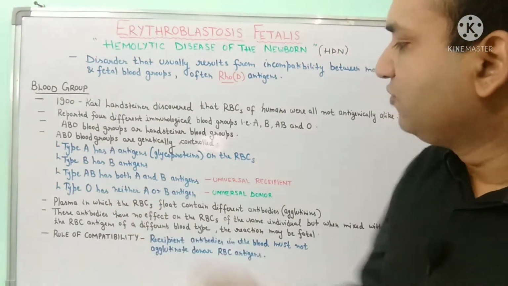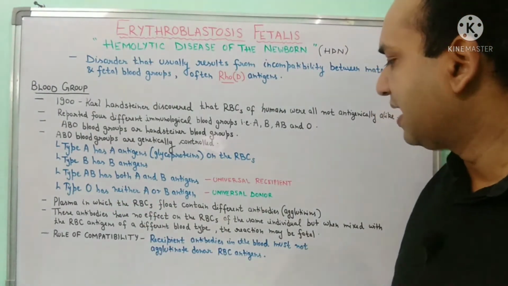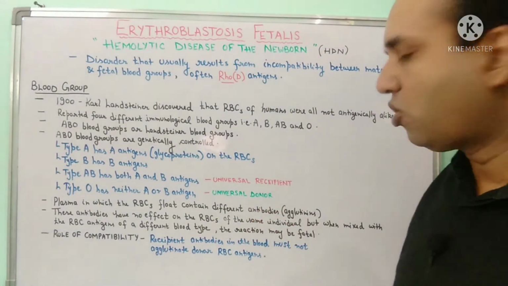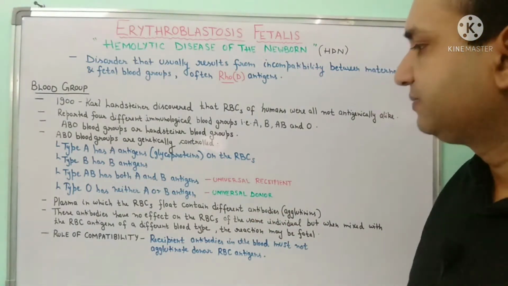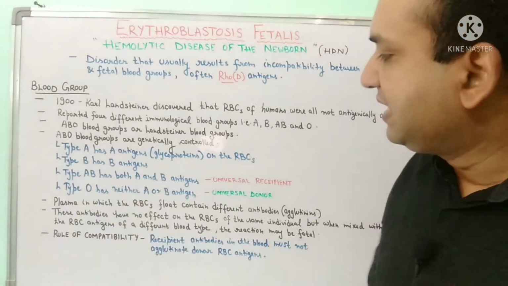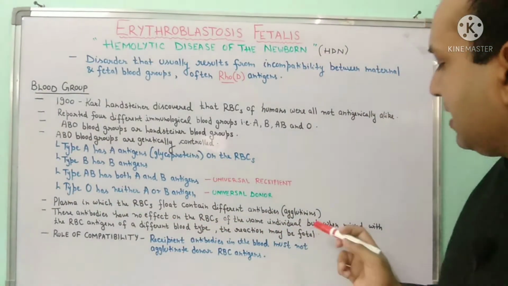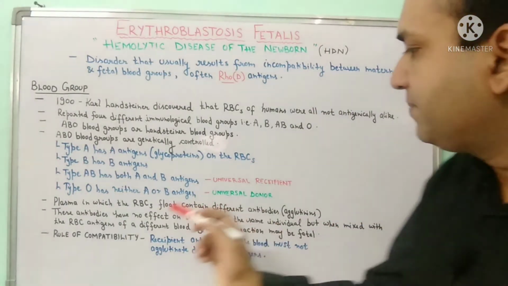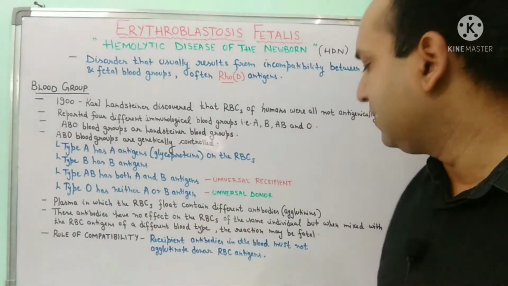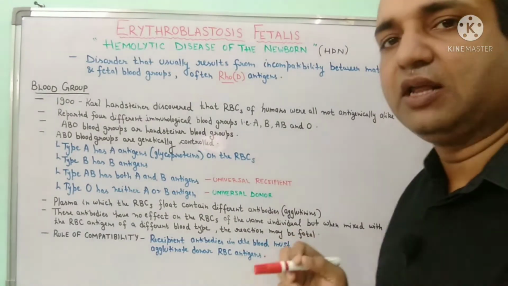The plasma in which the RBCs float contains different antibodies or agglutinins. These antibodies have no effect on the RBCs of the same individual, but when mixed with the RBC antigens of a different blood type, the reaction may be fatal.